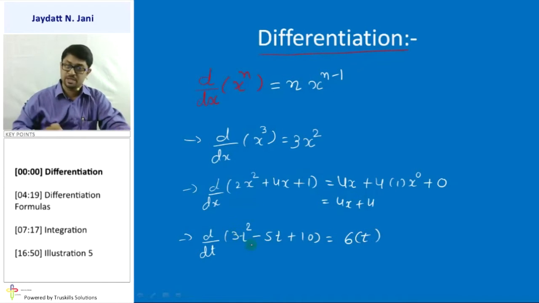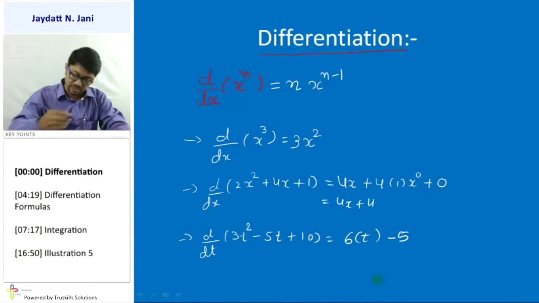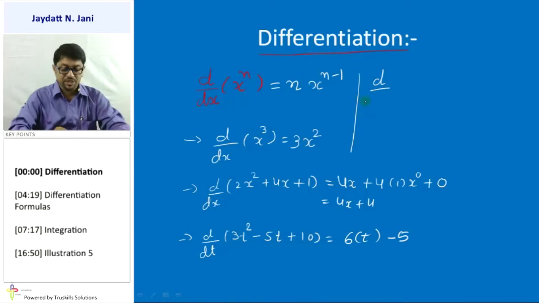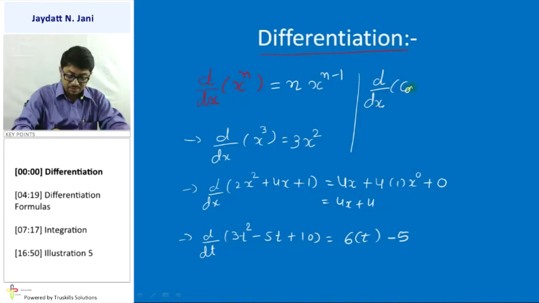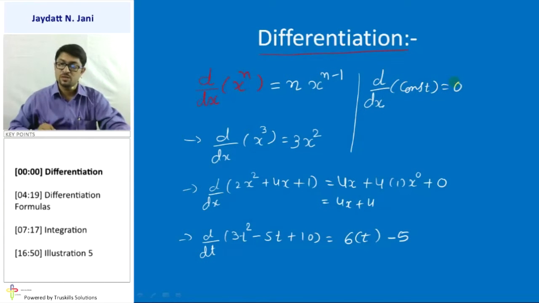Then minus 5t, that's 5, and 10 is a constant. So the differentiation of a constant is 0. That is also an important point. Differentiation with respect to x or t, whatever, but the differentiation of a constant is 0.